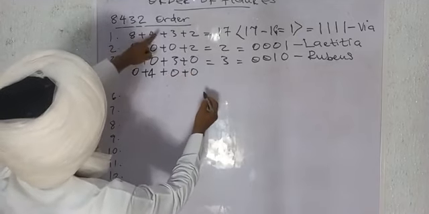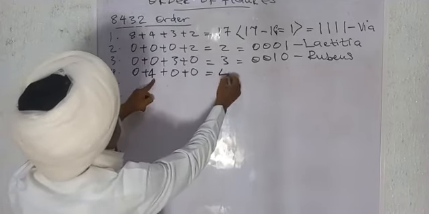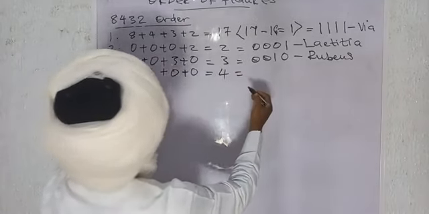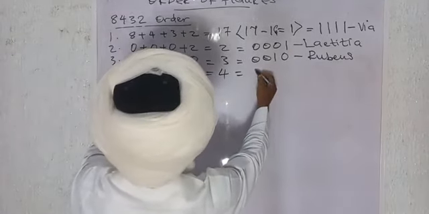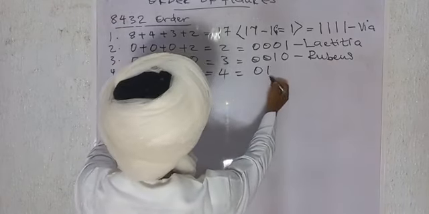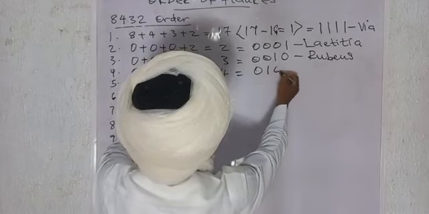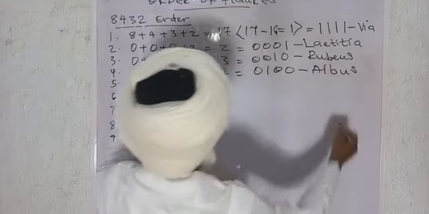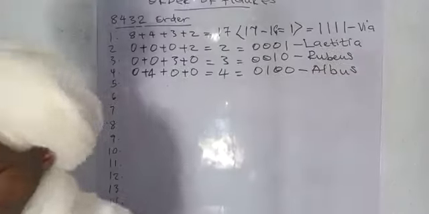We close the other levels and open this level here. So this gives us 4. In that case, our binary figure will be 0, 1. The level that we have the number, we put it as 1. Then we put the rest as 0. So this is Albus, Albayad, coming as figure what? Figure 4.